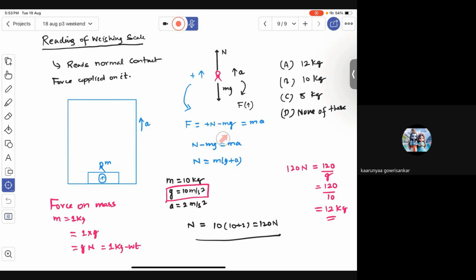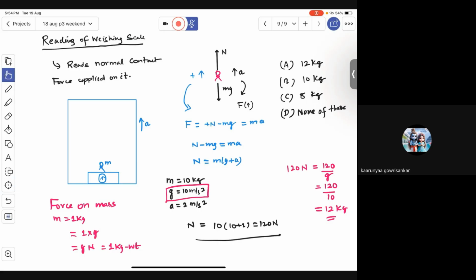So why not take upward as positive? Net force acting on M is N minus mg, and that must be equal to mass times acceleration. That gives N equals m(g plus a). So if a is 0, the reading will be equal to mg. But every other time it will be something different.